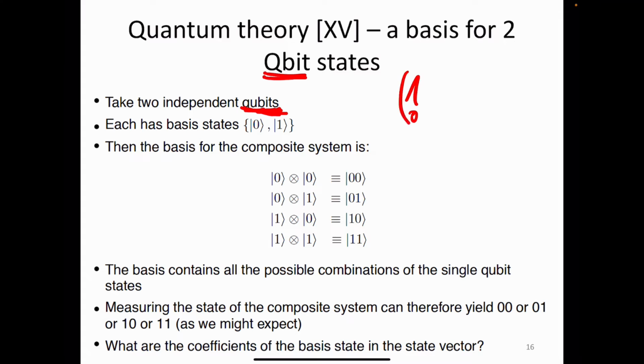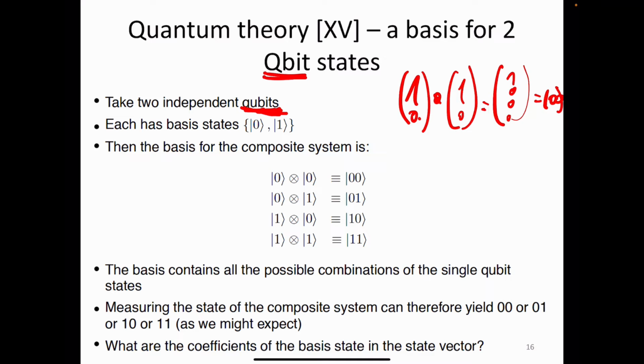We have the state 1, 0, and we do a tensor product with the state 1, 0. It just means we have to multiply everything with everything. So we do 1 times 1, giving us 1 here. Then 1 times 0, giving us 0. We have 0 times 1 giving us 0, and 0 times 0 giving us 0. Which equals the state 0 0 in that case.